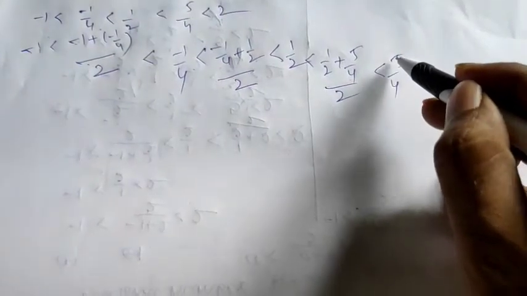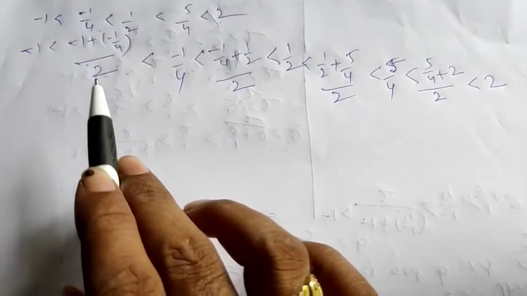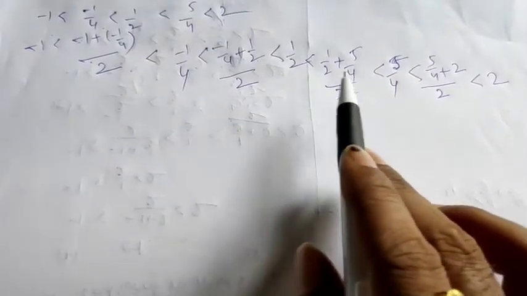Again, the average of these two lies between 5 by 4 and 2, no? So 5 by 4 plus 2 whole by 2 less than 2. Okay, finally, how many rational numbers are we getting here? 1, 2, 3, 4, 5, 6, 7. We are getting 7 here.